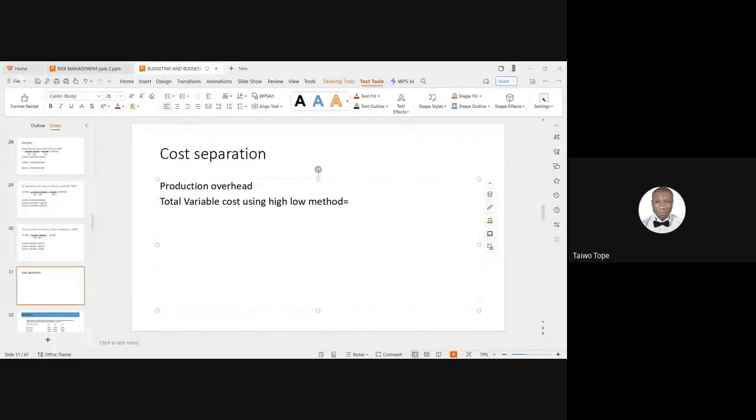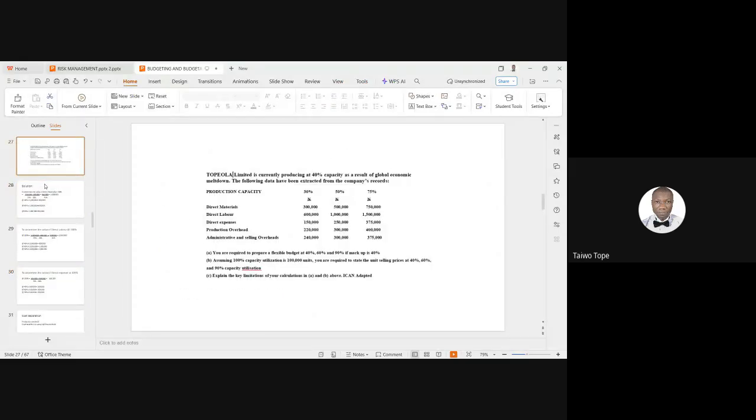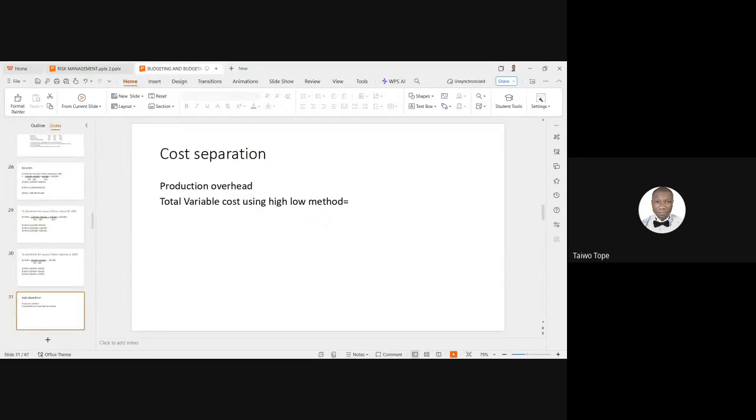Using the high-low method, from the question, go back to the question. The total cost, the highest at the production overhead, is 400,000. The lowest is 220,000. So we still use this to determine that.